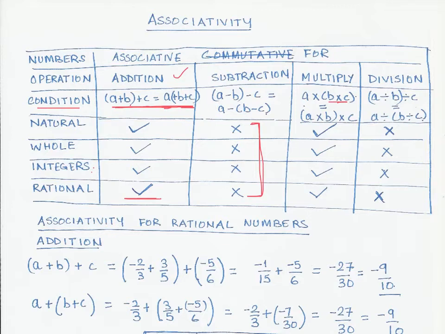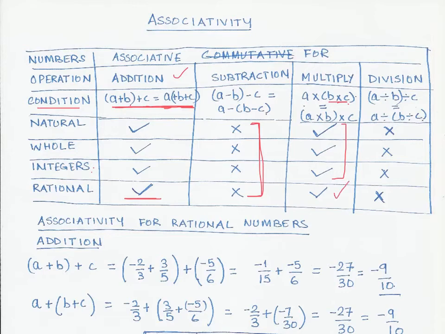So a multiplied by the product of b and c would be the same as multiplying a by b first and then multiplying that product with c. So the natural numbers, whole numbers and integers all follow associativity under multiplication, and so do the rational numbers, as we will see.